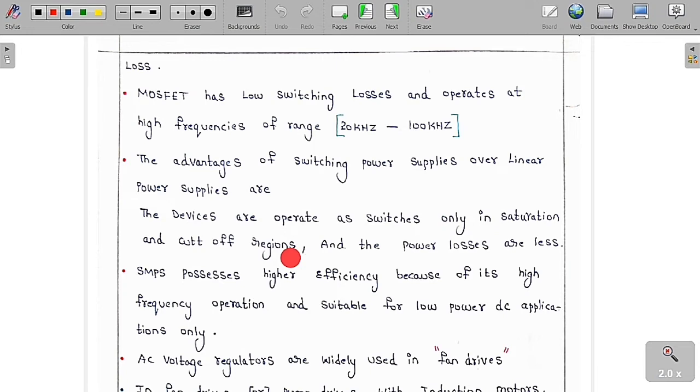Whatever devices are used in the SMPS operate either in the cutoff region or in the saturation region, and the power losses are very low because of this. Because of this reason only, the amount of power loss is very small.